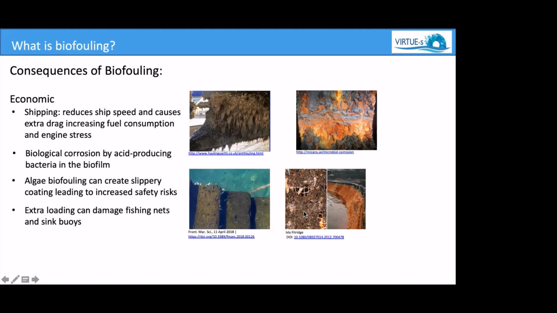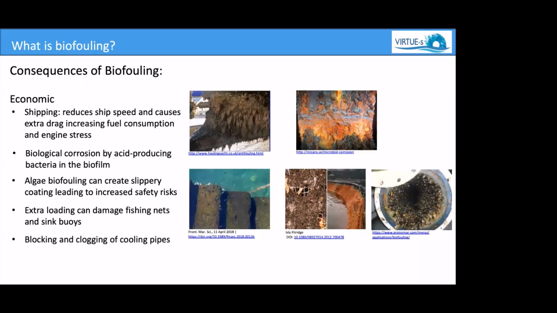Here you have some barnacles and mussels, okay? And then the nets will become very heavy, and they could damage the nets. So they have to clean the nets more often, or they can even destroy the nets and have to change the nets more often.